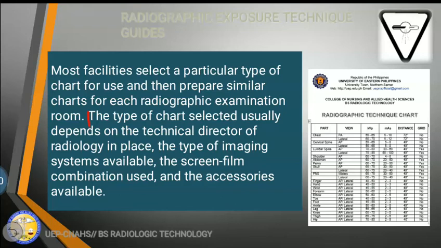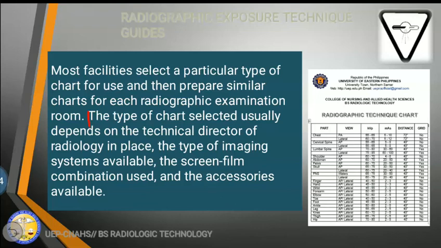So halimbawa your hospital has different X-ray rooms. Okay, so dito, this one, ang machine ay, let's say, Shimadzu. So, you have the technical factor chart there. So, this X-ray room naman, your X-ray machine is, let's say, Siemens.